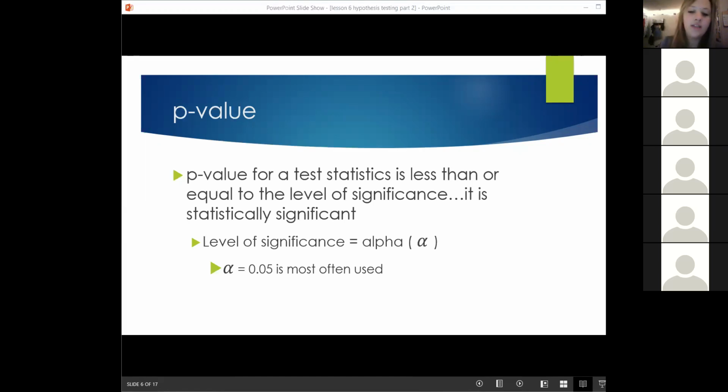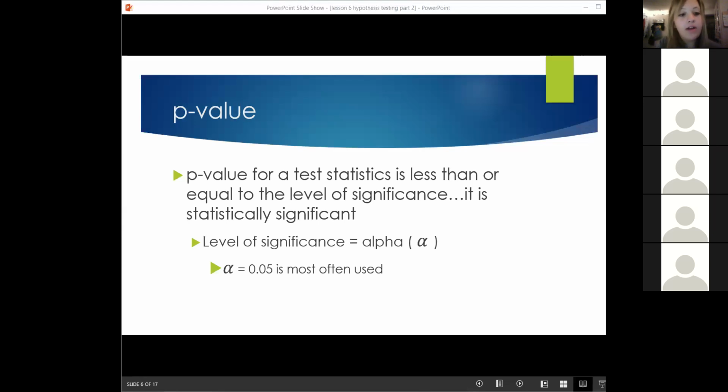And often people talk about when a type 1 error is more dangerous, and when a type 2 error is more dangerous. It's not a set in stone thing. Type 1 isn't always more dangerous, type 2 isn't always more dangerous. It's totally dependent on the context of the problem and the situation.